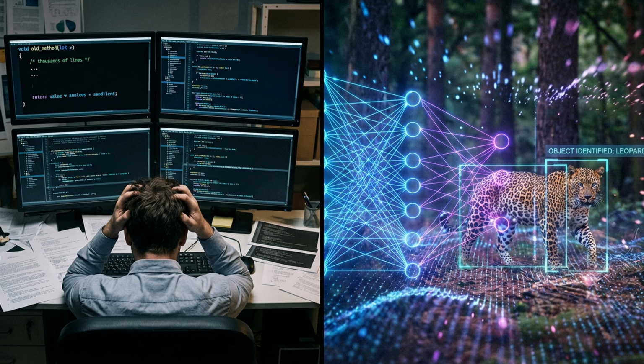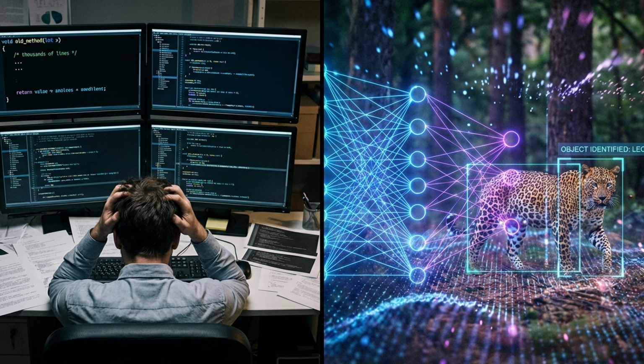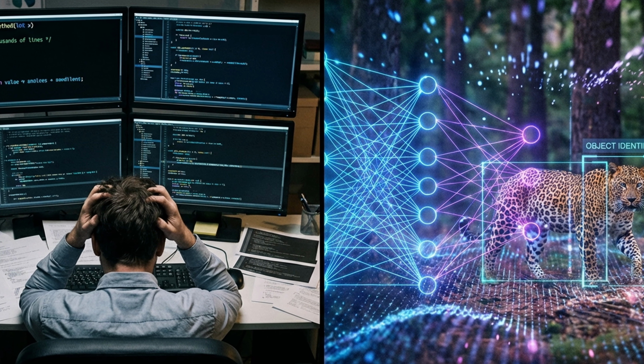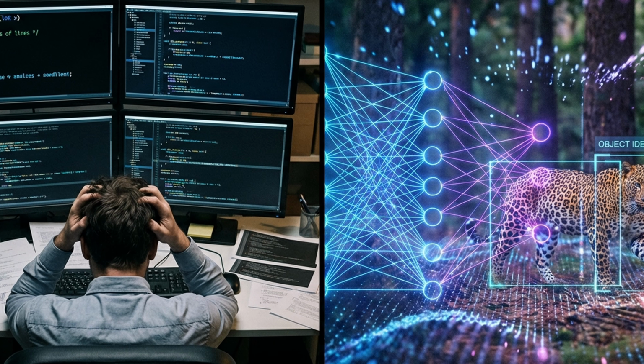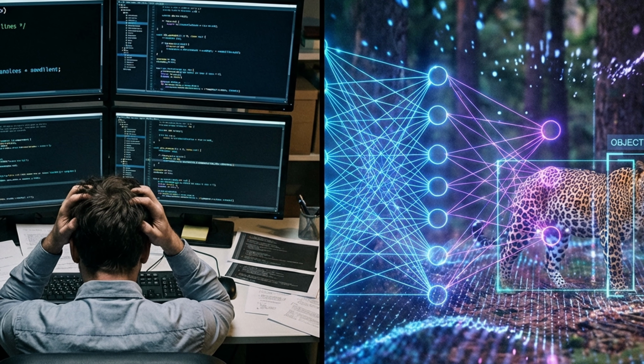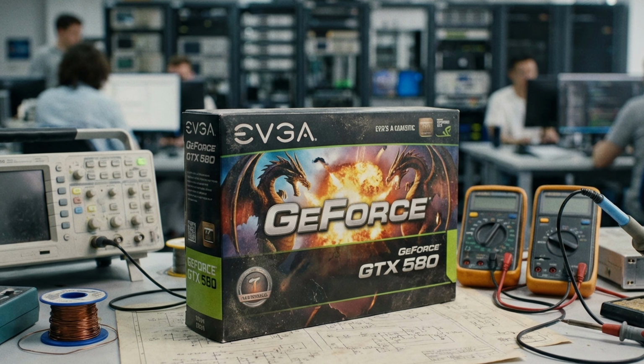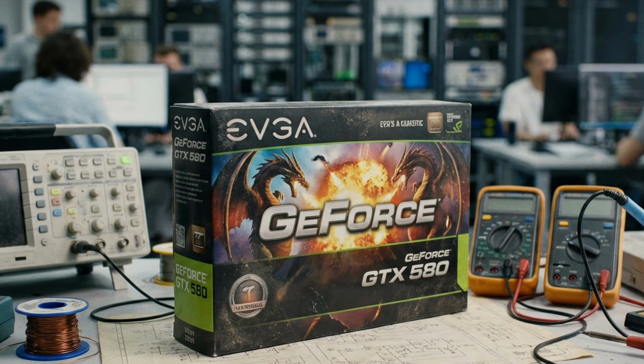This dominant victory fundamentally dismantled the viability of classical human-coded computer vision software and proved that machines could learn to recognize images autonomously. The success of AlexNet was intrinsically tied to its pioneering utilization of consumer gaming hardware.